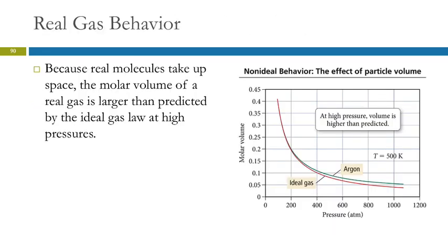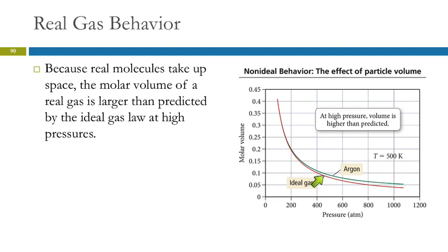So this is what we see. Here we've got an ideal gas looking at the molar volume as a function of pressure and argon. And so up here in the 200 atmospheres, that's like crazy high pressure. 200 atmospheres, things are still behaving ideally.